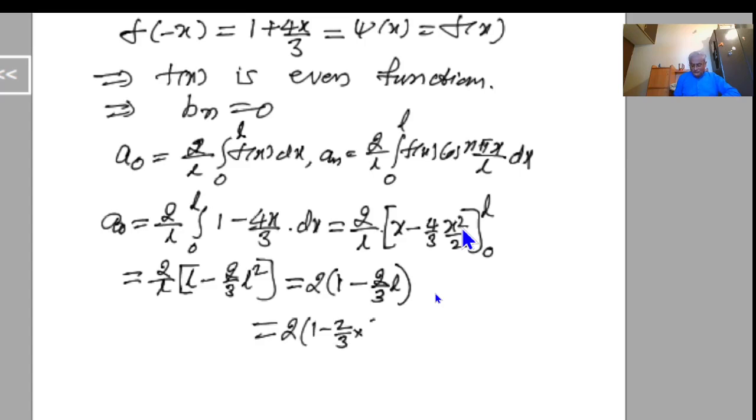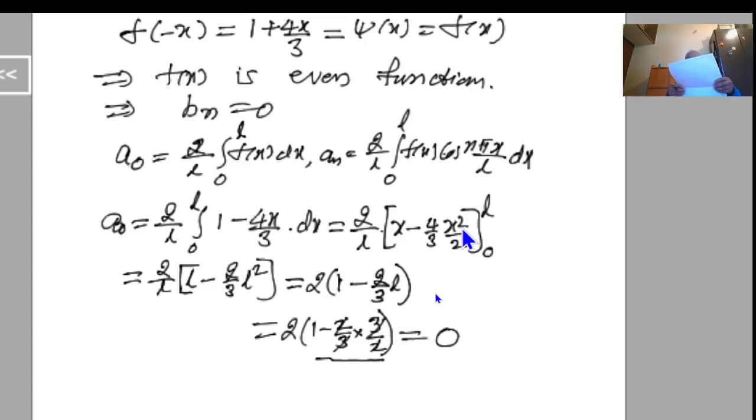L is 3 by 2. 3 gets cancelled, 2 gets cancelled. This becomes 1 minus 1 is 0. So that means this is equal to 0. Okay, we have got A0 value is equal to 0.